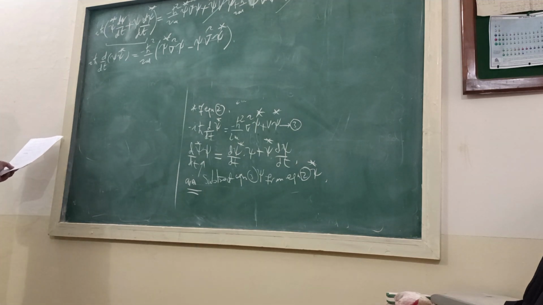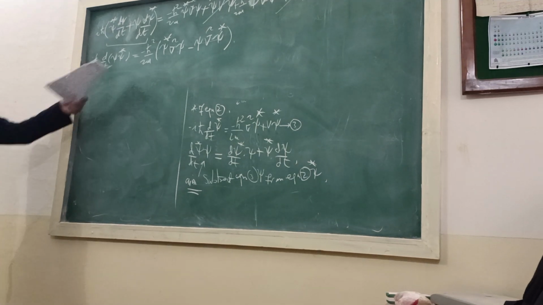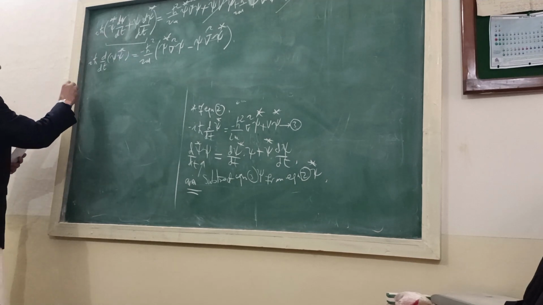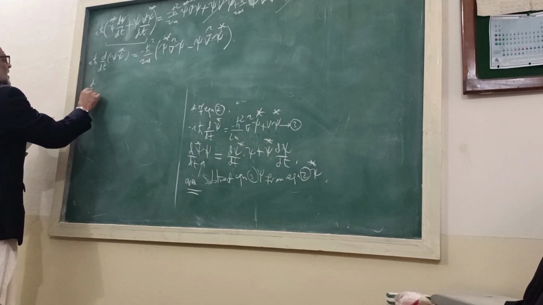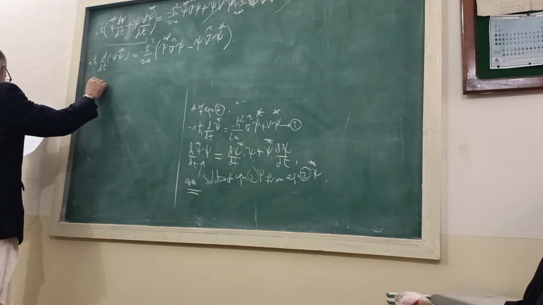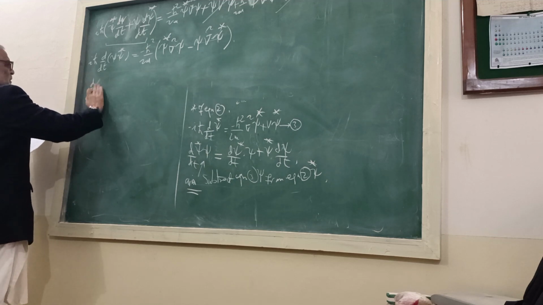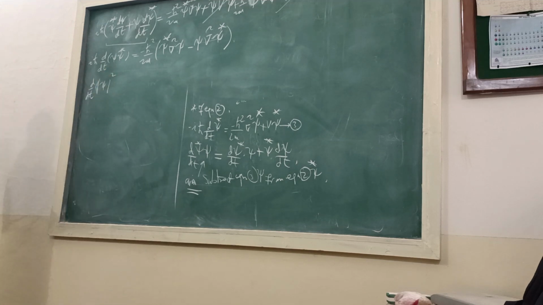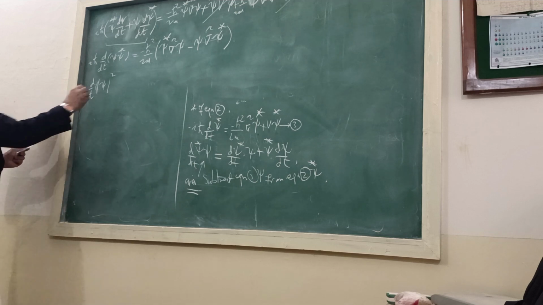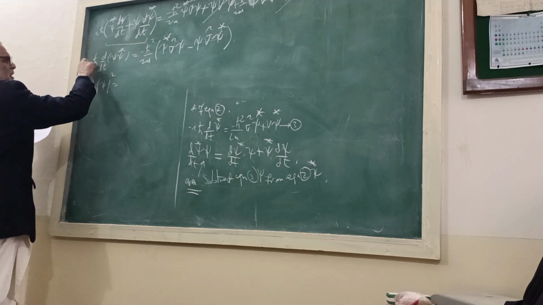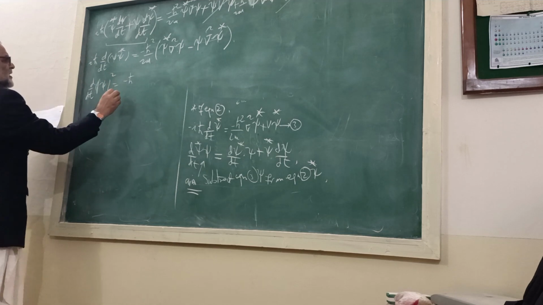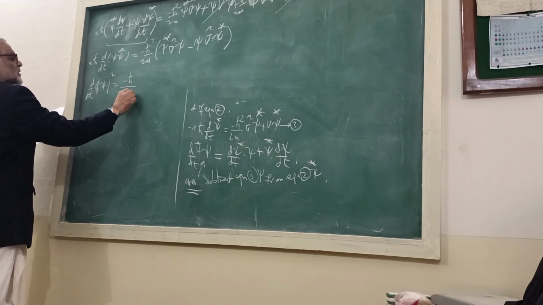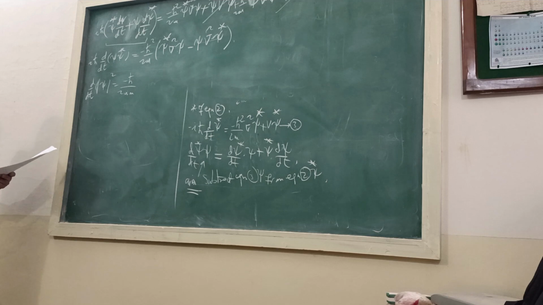Now, let me divide it by ħ and by i. So d by dt of modulus psi squared is equal to, one ħ is gone with one ħ, so that will be minus ħ over 2im.